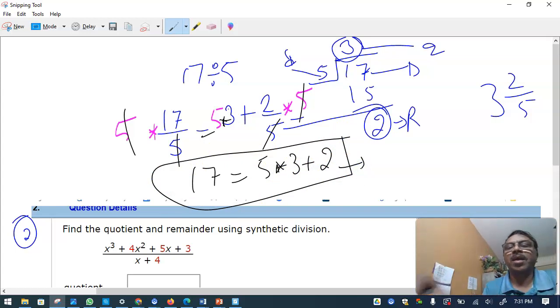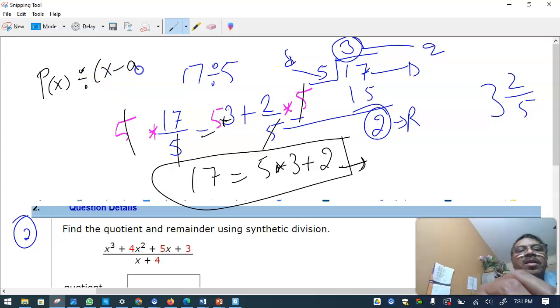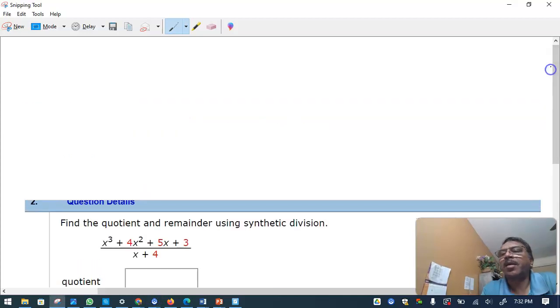Now this is with the help of numbers, but when you write the polynomial, it will look different. If p of x is divided by a factor, let's say x minus a, we can extend the same idea as 17 divided by 5.